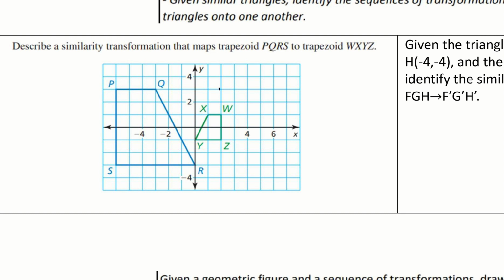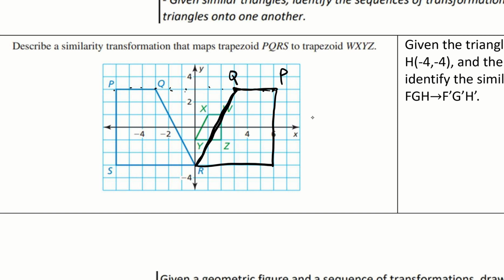If I reflect across the y-axis, I get something that looks like this, where this is Q, R, and then P is going to be here. Hold on, let me make sure. 1, 2, 3, 4, 5, 6. Yep, so this is P, and then go straight down. This is how it's going to look when I do that.